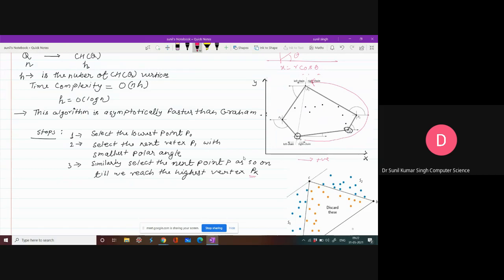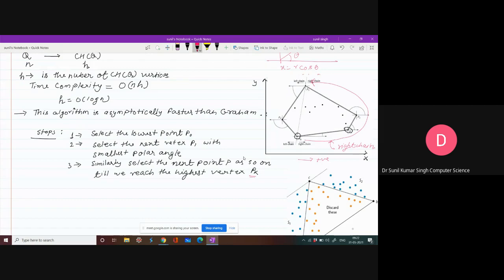Now, after choosing the highest point Pk, we have to look for the formation of the left chain. This particular portion is your right chain. Now we have to form the left chain, and after forming it, we will be able to find the convex hull.